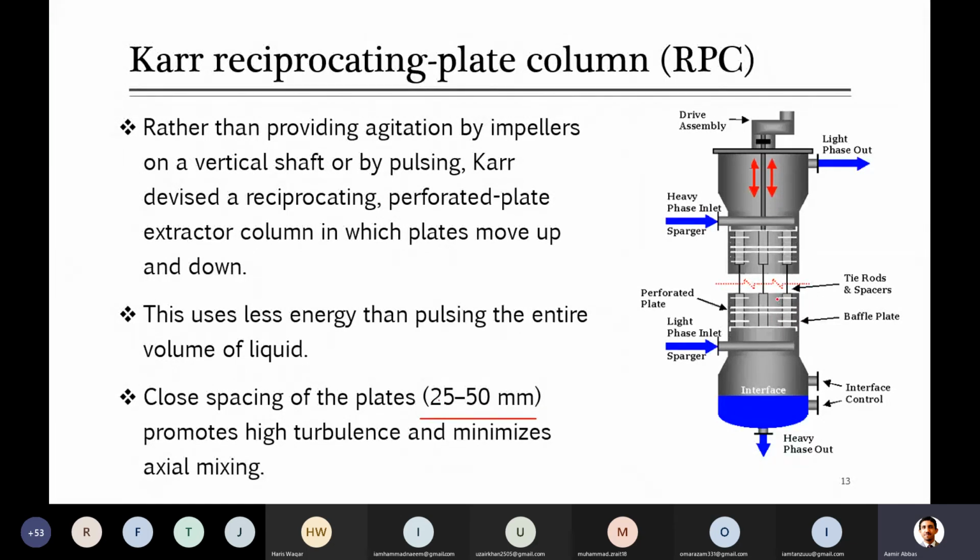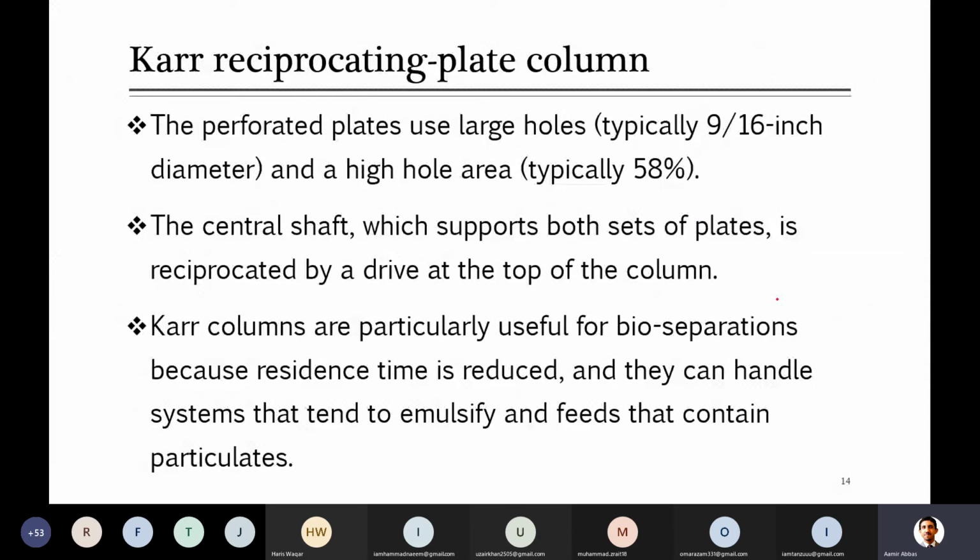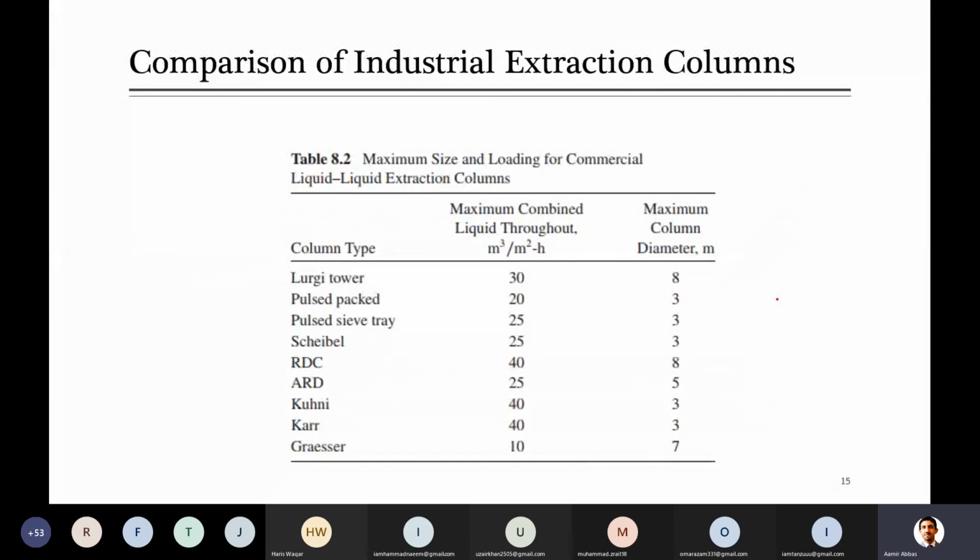They are not directed towards the walls, as happened with those rotating elements installed on the shaft, which usually provide centrifugal force to these kinds of particles. So that problem can be avoided in this kind of column, and due to this reason, this kind of equipment is widely used in bioseparation applications. Here there is a brief comparison between the various equipment which we have talked about so far.